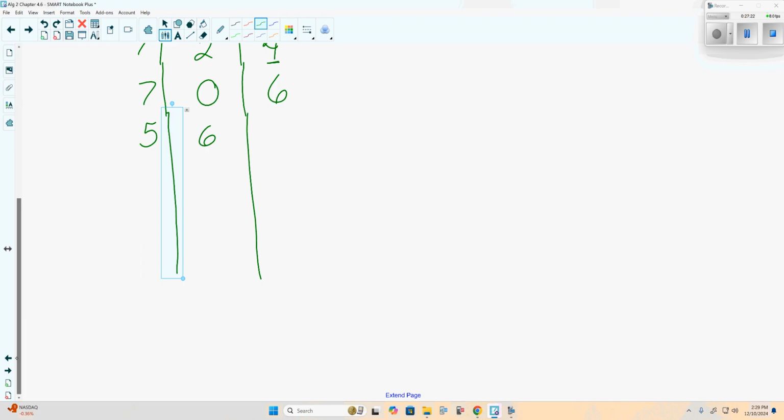Well, 5 and 6 is 11, so we're missing 2. Then we'd have 5 and do the process again, just keep taking 2 away from the negatives. 5 and 4 is 9, so we're missing 4.